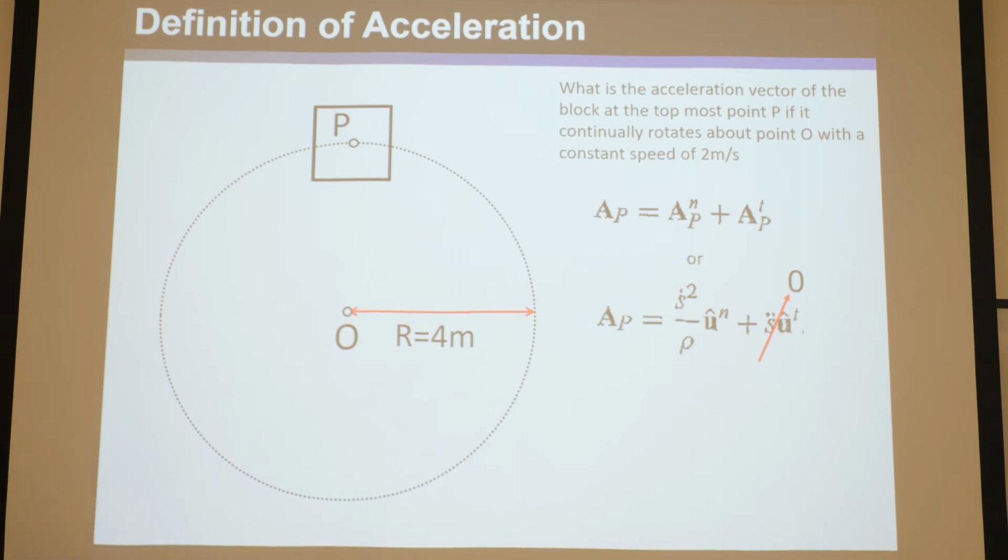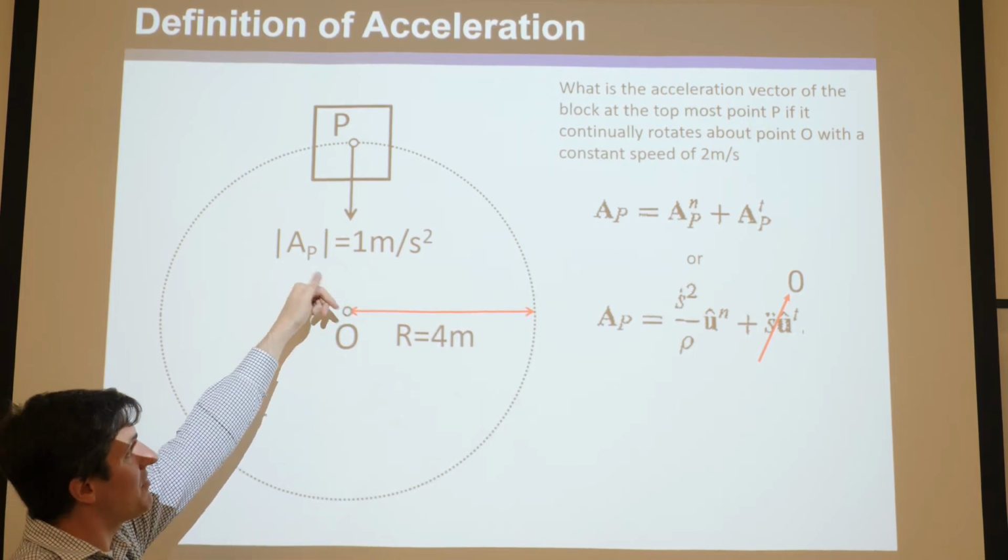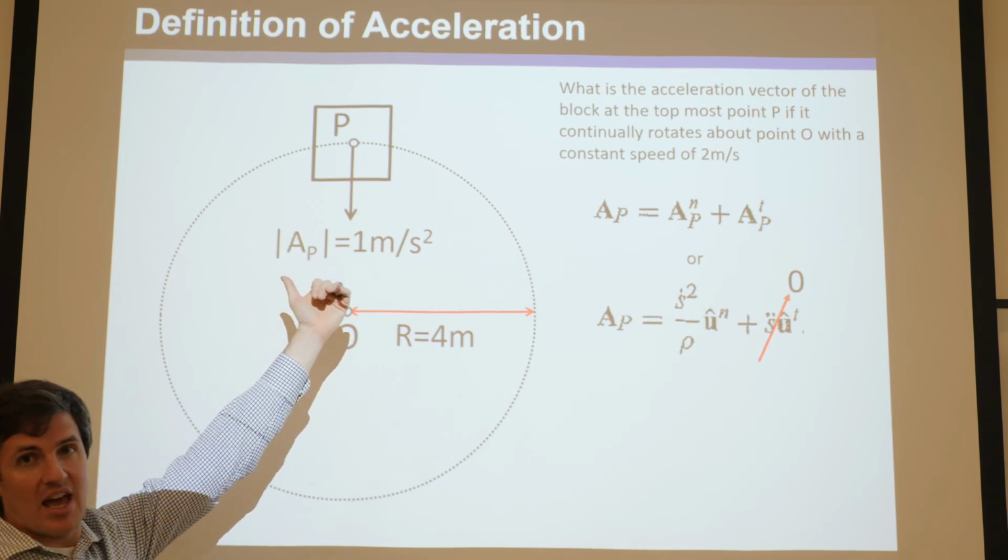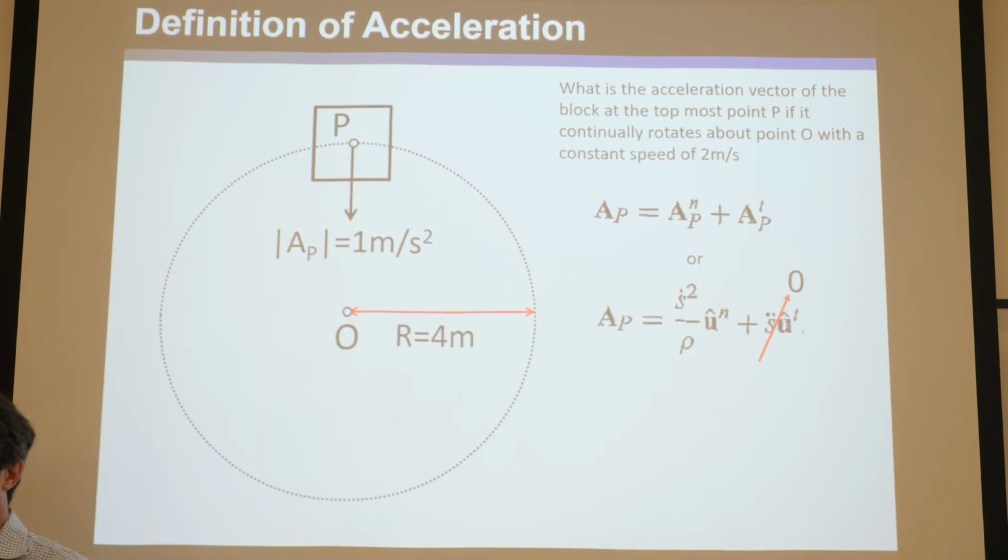So 2 squared is 4, divided by 4 is 1. So 1 meter per second squared is the magnitude of the acceleration at that point, and we know it points toward O, normal to the path. That's the centripetal acceleration.